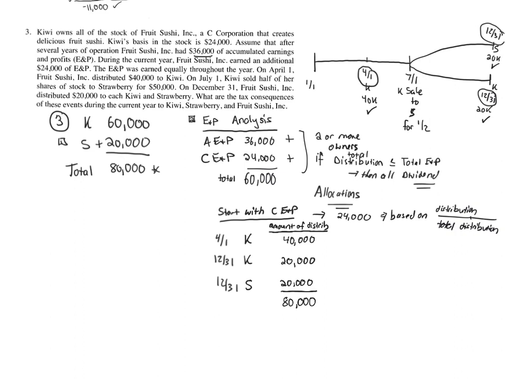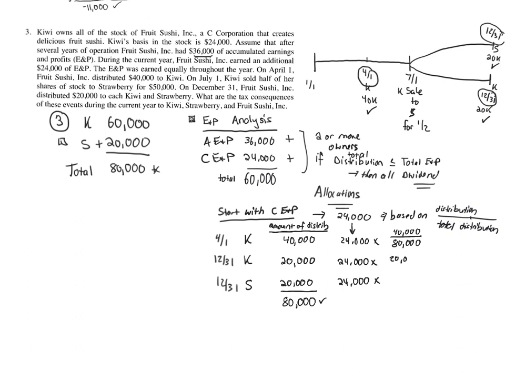So the rule is we take the distribution on that date over total distribution, and we allocate the $24,000 of current E&P given to us. So we're just going to go ahead and do that. Distribution amount is 40,000 over total 80,000.